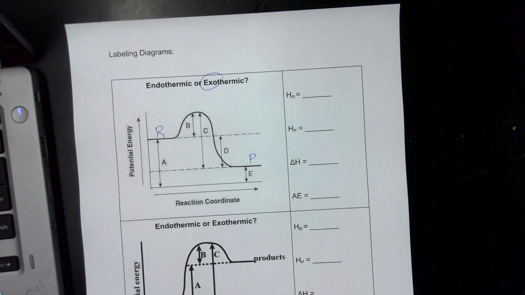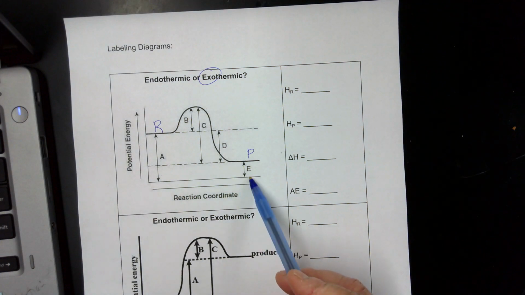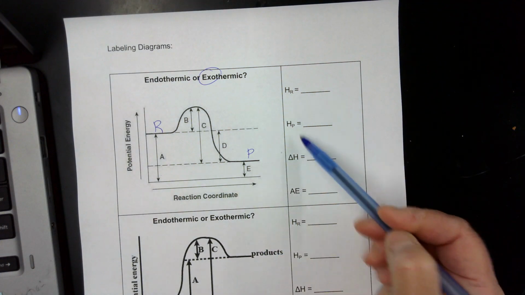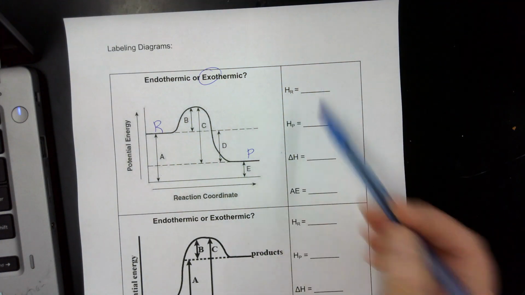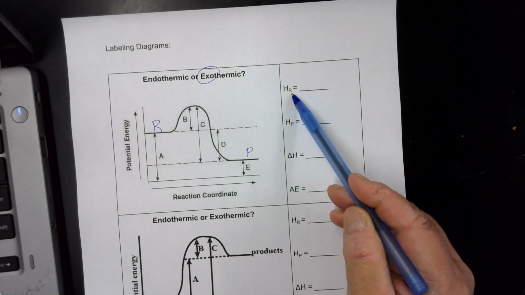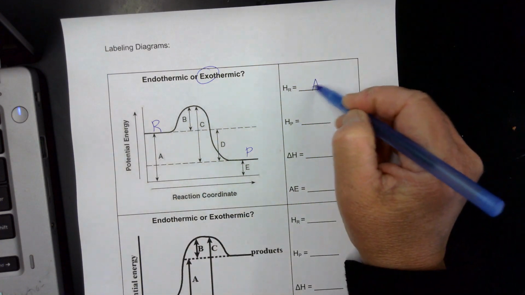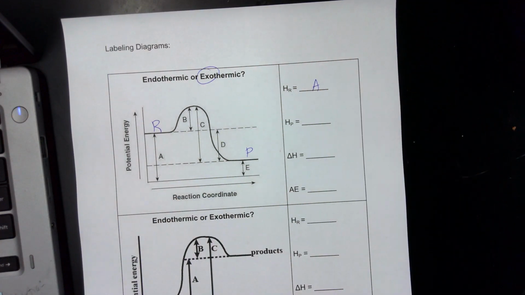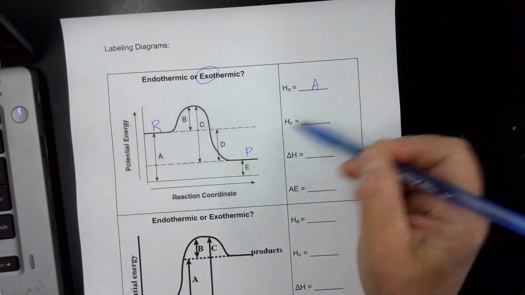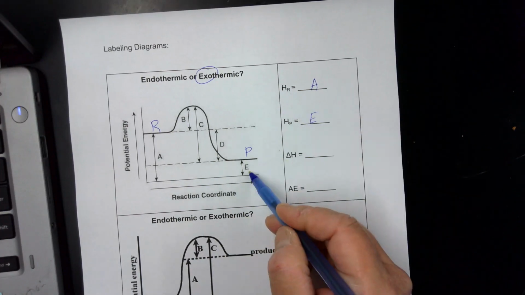There's a series of 5 arrows here, A, B, C, D, E. We're trying to identify each one of these symbols with a certain arrow. The energy of our reactants is arrow A. The energy of our products, here's our products, E represents the energy of our products.